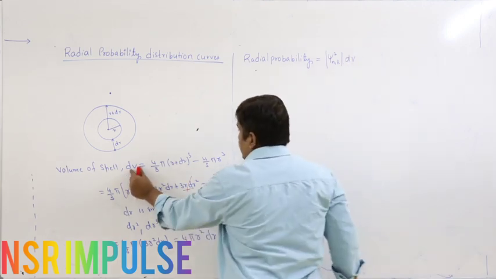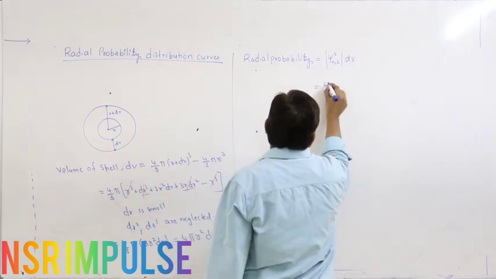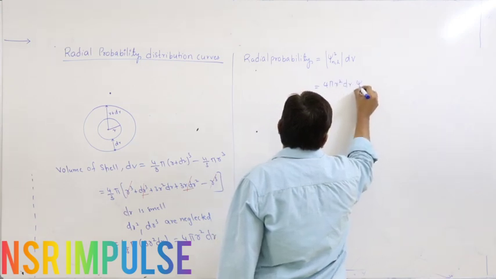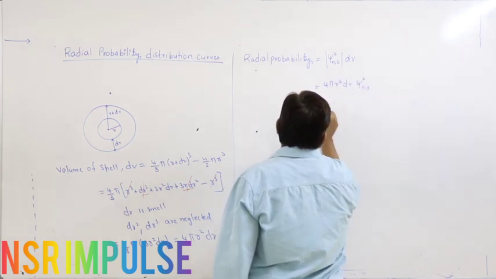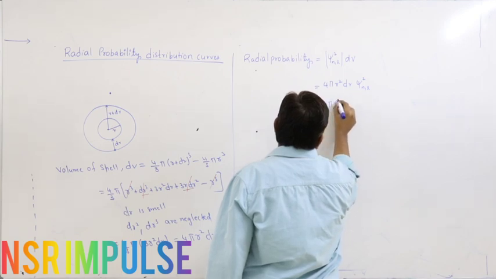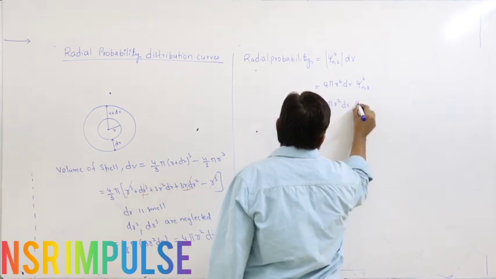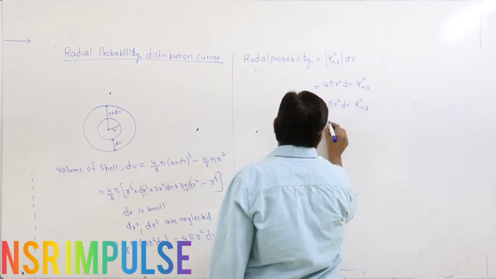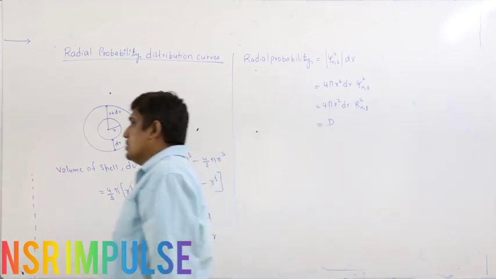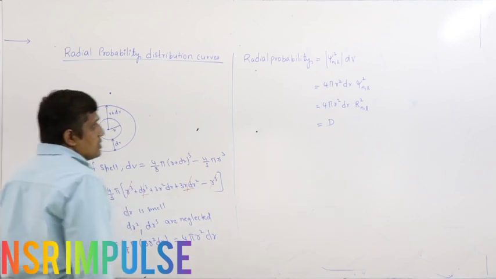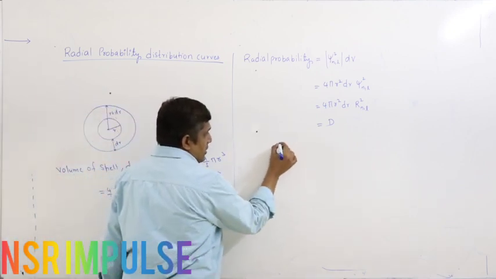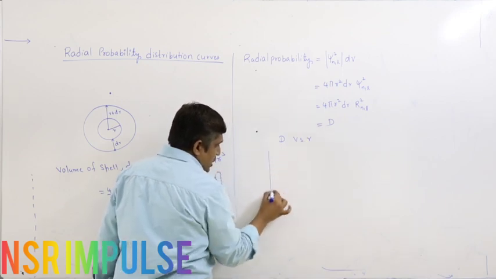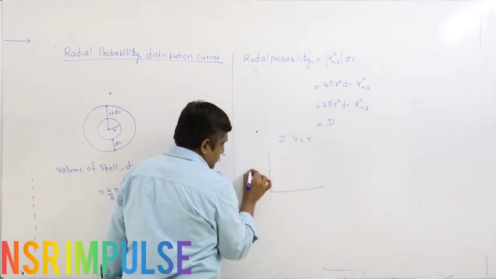So if I substitute here, I will get 4 pi r square dr psi square n comma L. So this entire thing let us call D, the distribution curve. When this graph of D versus r is plotted, for 1s the graph is like this.